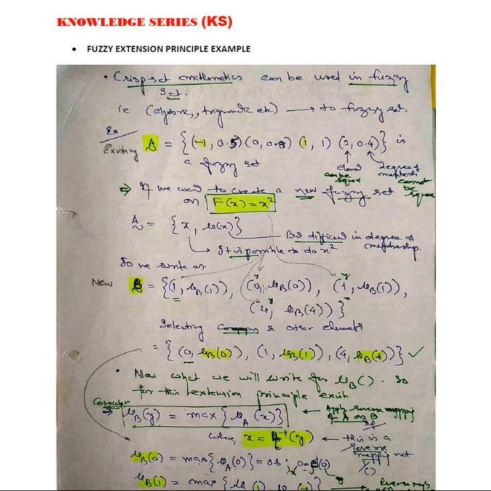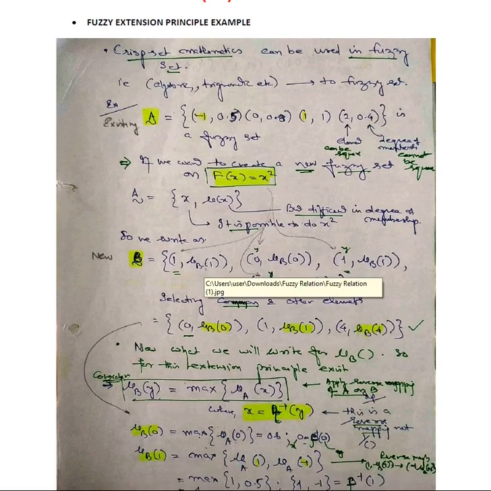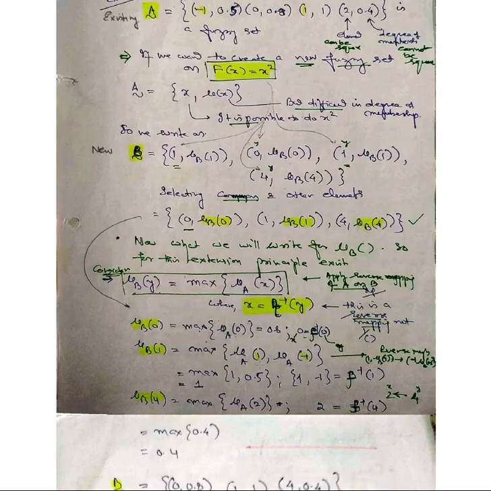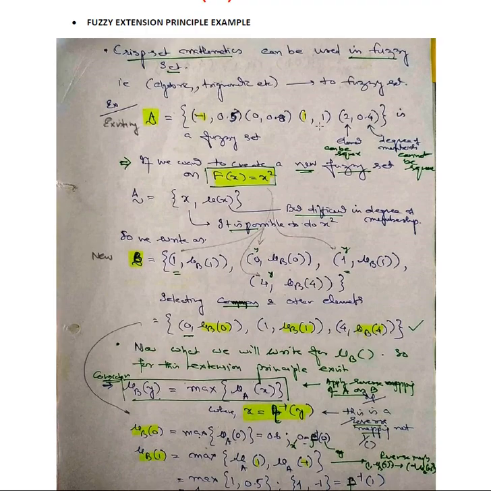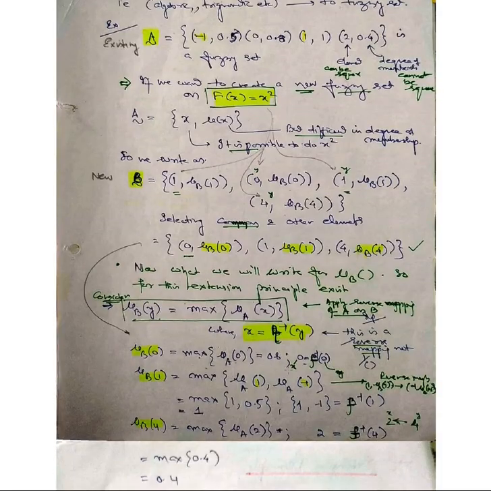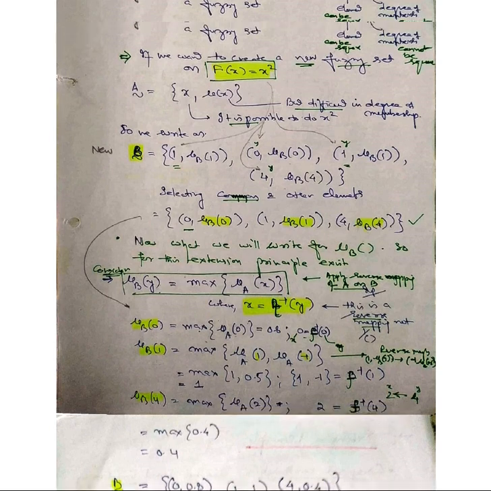Mu B of 0 is this 0. Mu B of 1 is this one. So when you talk about mu B of 1, whatever the value is, here it is 0.5 and here 0.4, so you put mu B of 1 as 1. So you are having 1 and 0.5, and among these you are going to select the 1. Now next is mu B of 4.